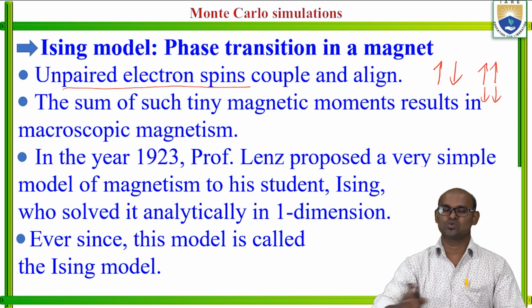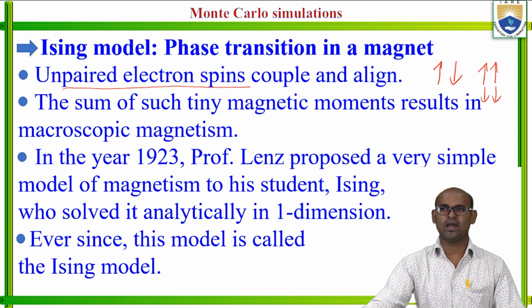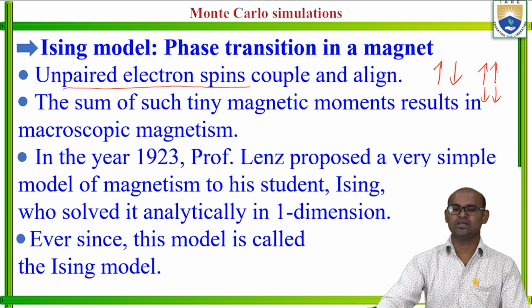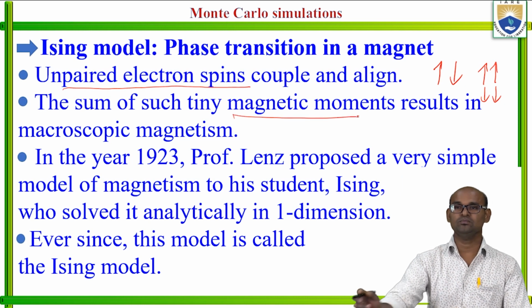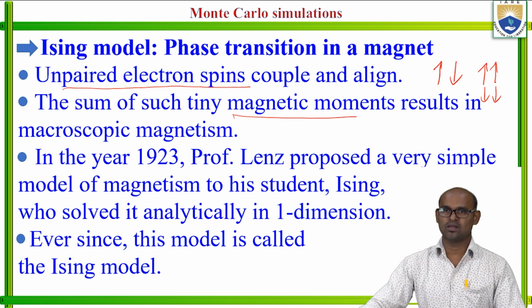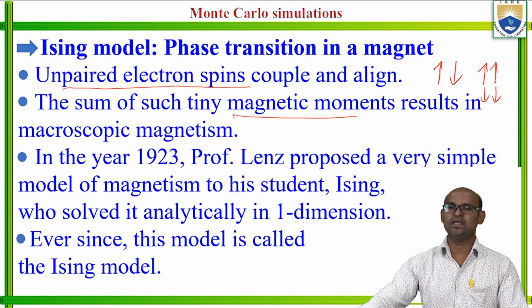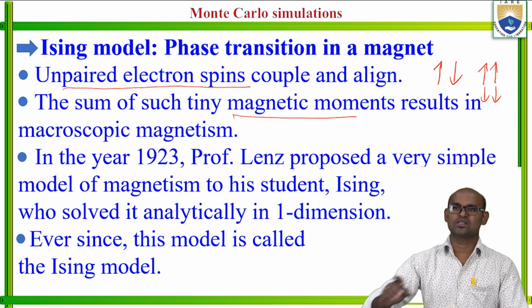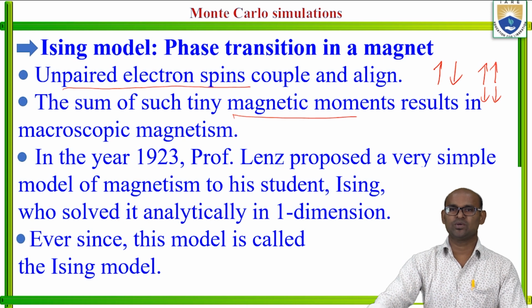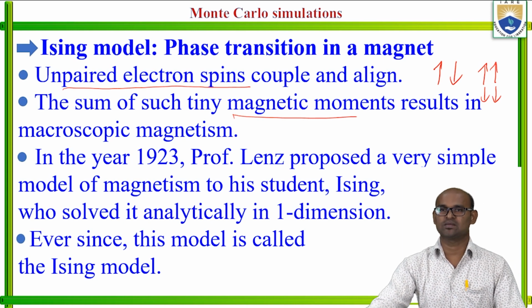So these unpaired electron spins can couple and align in different directions. Each spin has a tiny magnetic moment, and when the spins align in some direction, the summation of all these tiny magnetic moments can result in macroscopic magnetism.